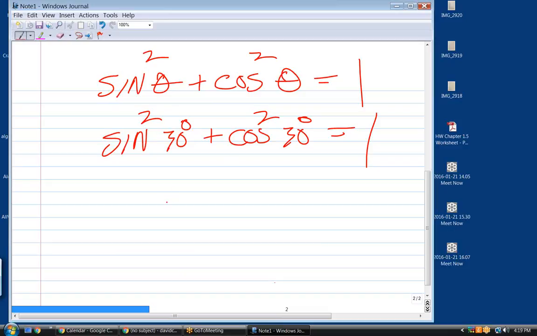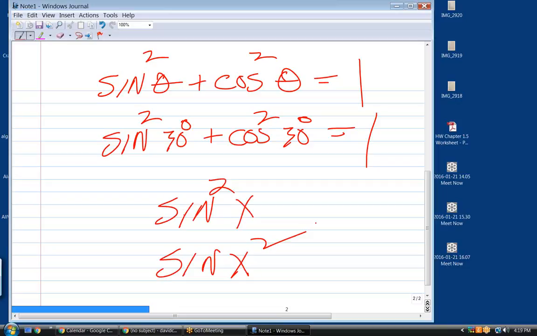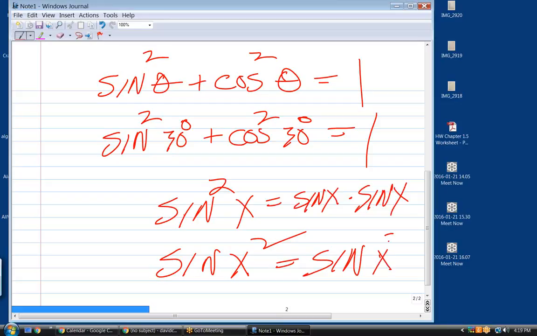And incidentally, there's a big difference between this. This means the sine of x times the sine of x. This means sine: first I'm going to square x, and then I'm going to take the sine of it.